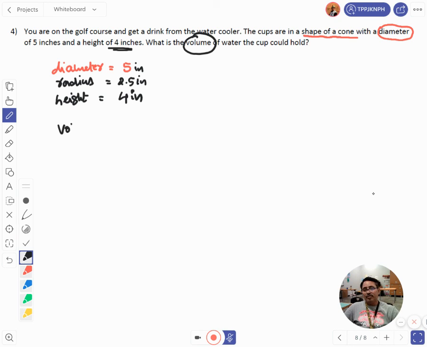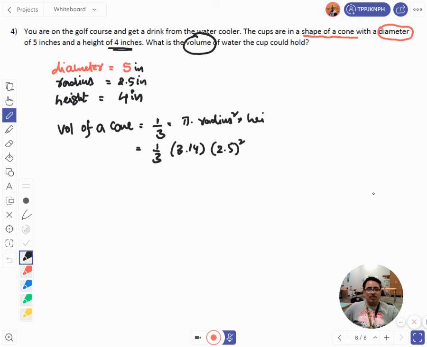You are asked to find the volume of a cone. Please memorize all these rules. Volume of a cone is 1/3 pi r square h. The value of pi is 3.14. Radius is 2.5 square. Height is 4 inches.